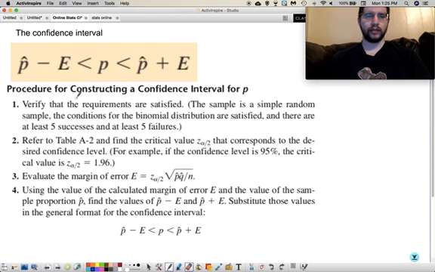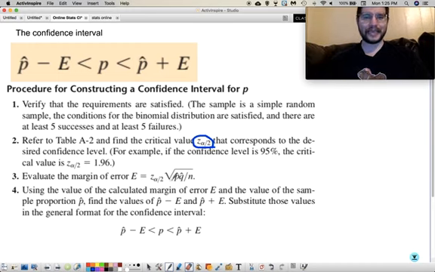So the way we construct these is first, make sure you can do it. Make sure it's simple random and all those other binomial conditions are satisfied. N times P is greater than or equal to 5, N times Q is greater than or equal to 5. Then find your critical value. However you want to do it, you can use your calculator, you can look up in the chart, whatever, it doesn't matter.